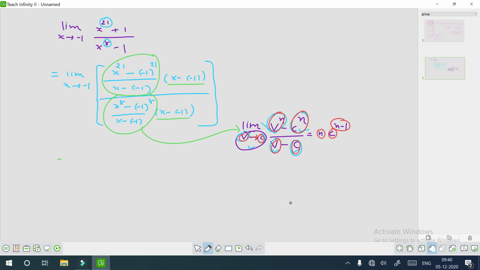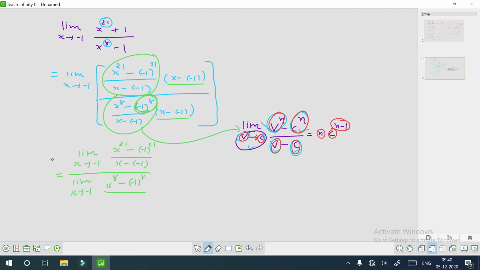So that is equal to limit x tends to -1, x raised to 21 minus -1 raised to 21 upon x minus -1, over limit x tends to -1, x raised to 8 minus -1 raised to 8 upon x minus -1. See here, we can write -1 raised to 8 as an even power. That comes out +1. But why do we need to pick -1 raised to 8?